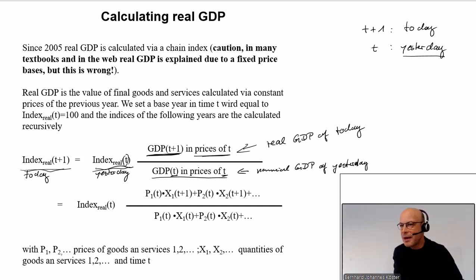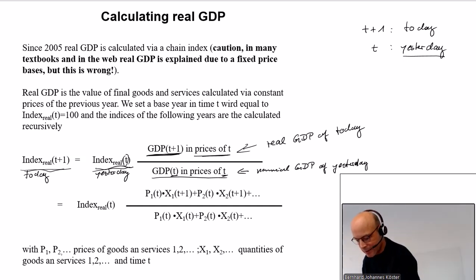At some time I have to start. But actually, this is not that much of a problem because in general we are not interested really in the number of real GDP or the index, but we are interested in the growth rates. And the growth rate, of course, is not dependent on the starting point.